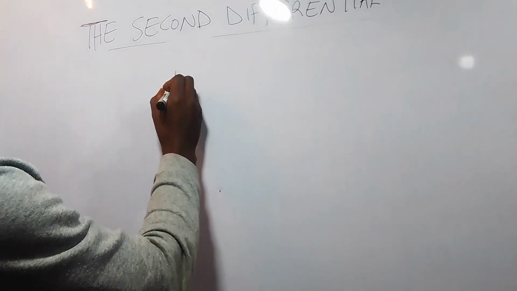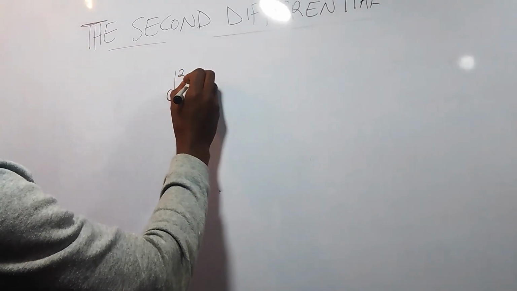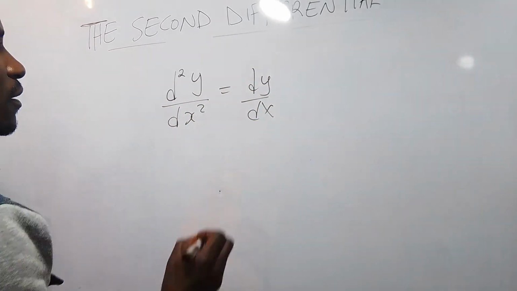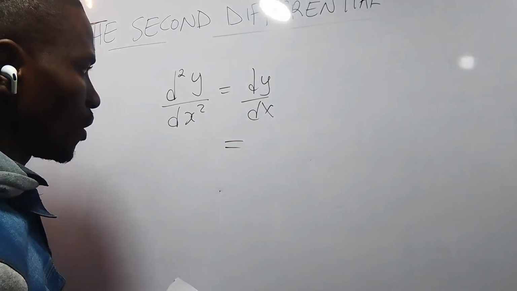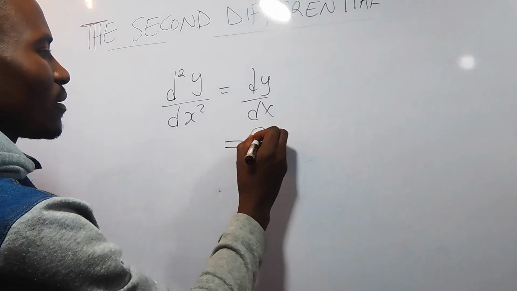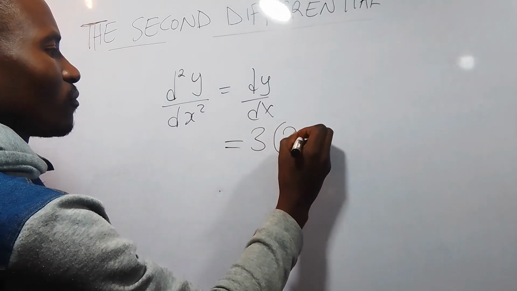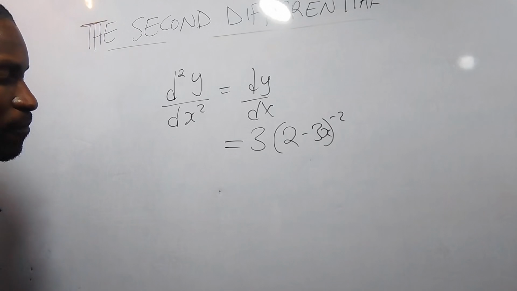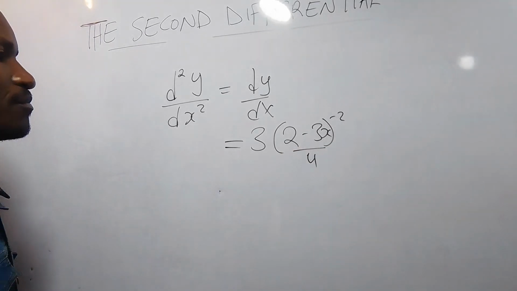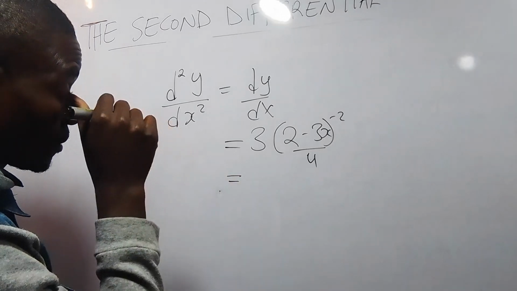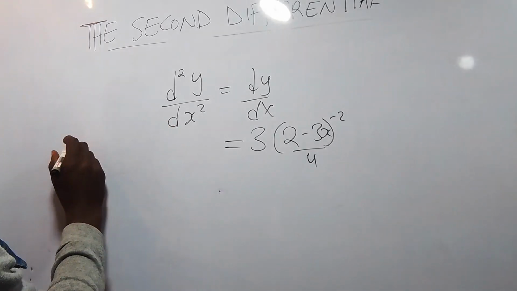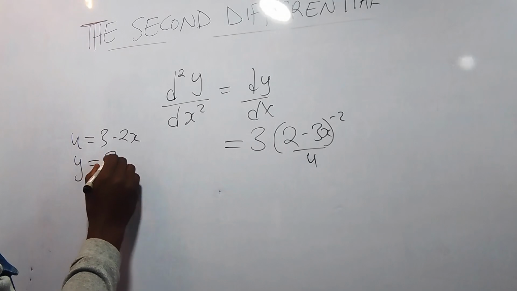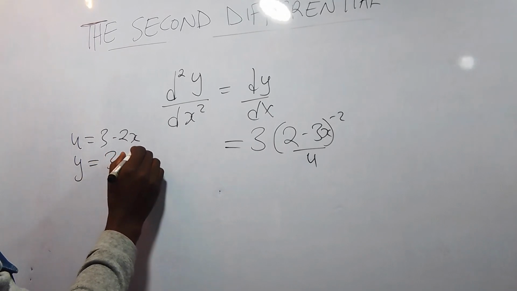So after that, d2y over dx2 equals d over dx of dy over dx. What's going to happen again is that this is u, so you can say that u equals 3 minus 2x, and then y will be equal to 3u to the power that.